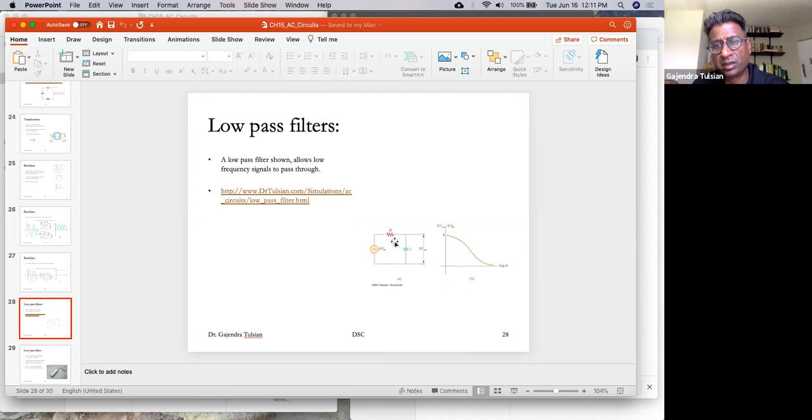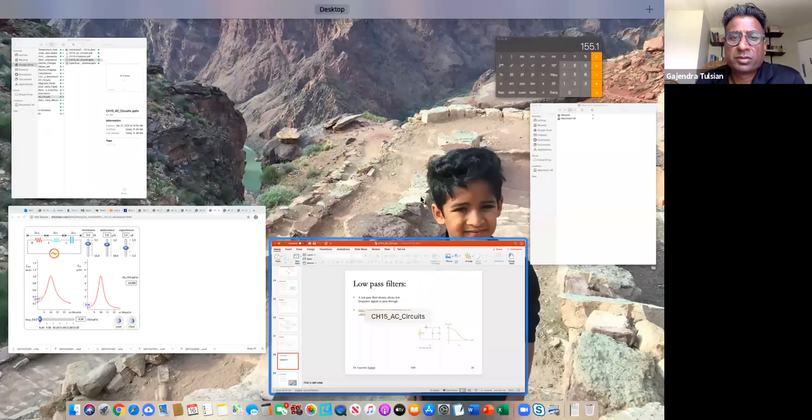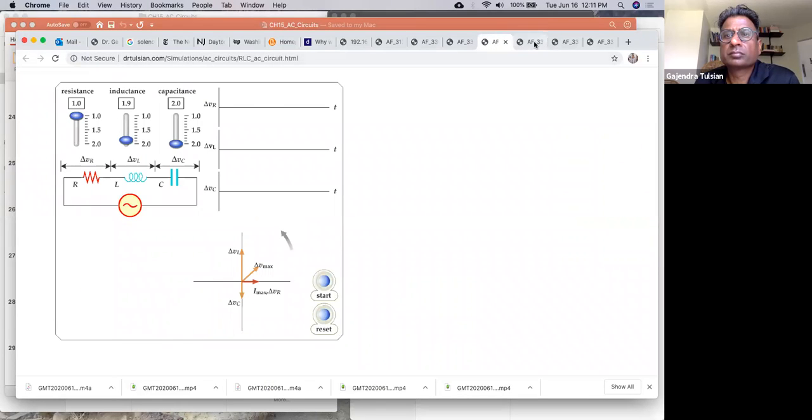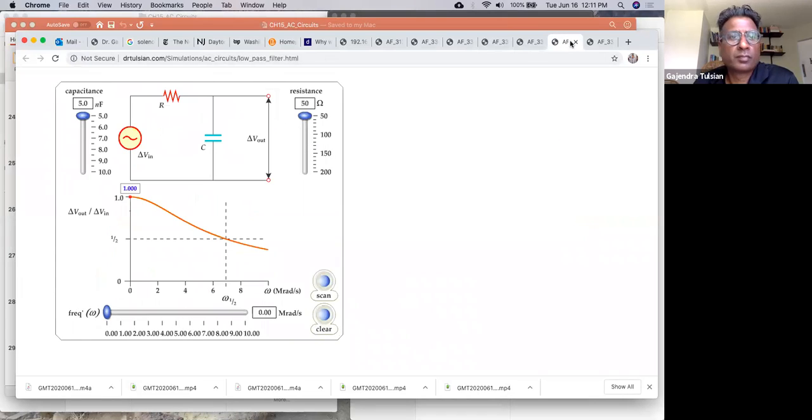This circuit will let only the low frequencies get through, and at high frequencies the current is minimal. Okay, so that's a low pass filter. So this circuit connected to the source, and there's the output, and what you get is only the low frequencies coming through.